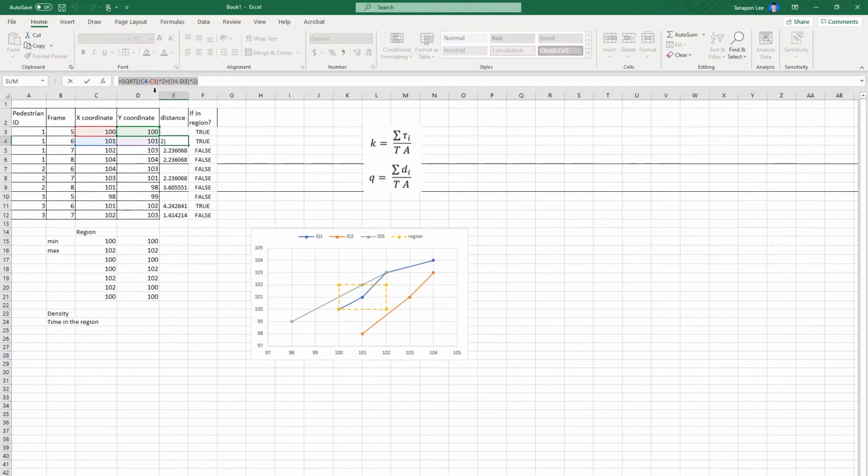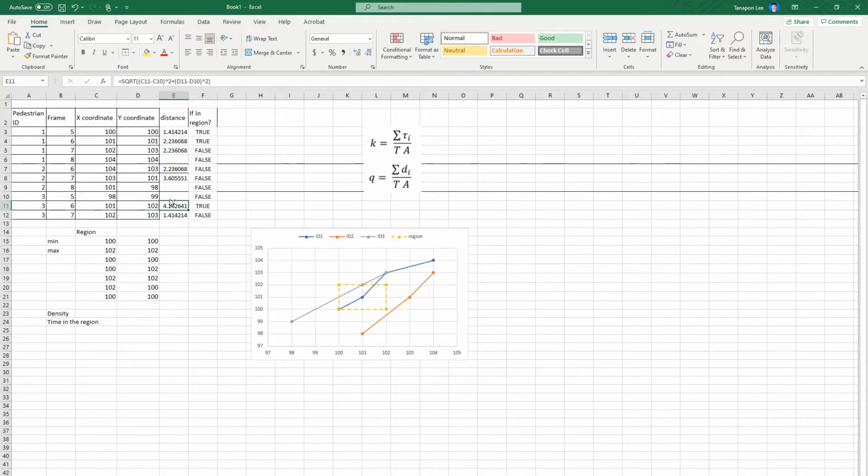Actually, I think this makes more sense if you do this, because at the last frame we don't really travel anywhere. We just measure the distance from frame 5 to frame 6, 6 to 7, and then the last distance is 7 to 8, so at 8 he is not going anywhere.